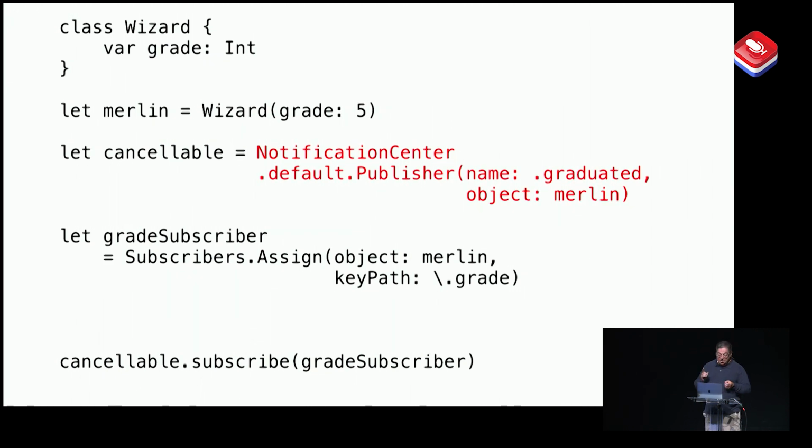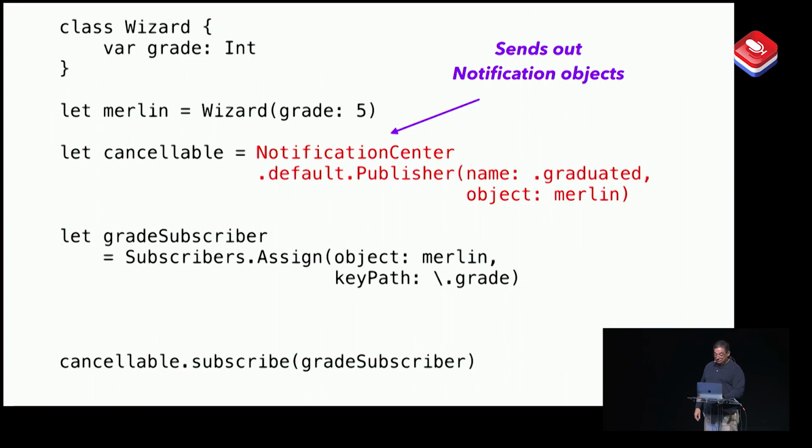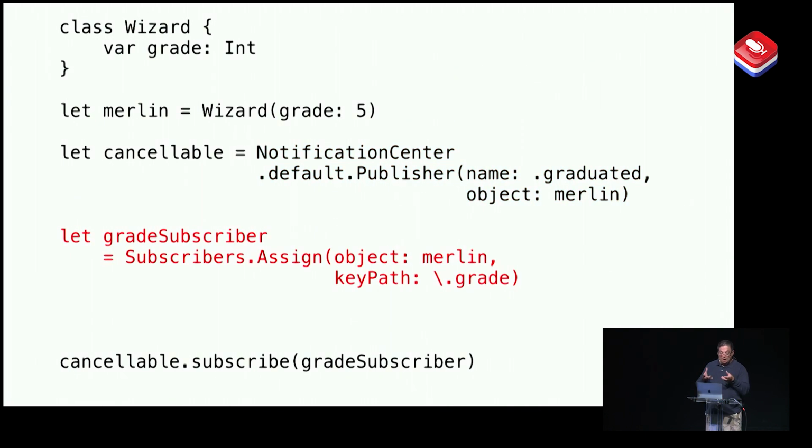So the Notification Center is going to publish Merlin. Whenever Merlin changes, the Notification Center is going to publish that. Now, the Notification Center sends out notification objects. What I want to take is my grade subscriber that figures out what grade I'm in. The grade subscriber wants ints.